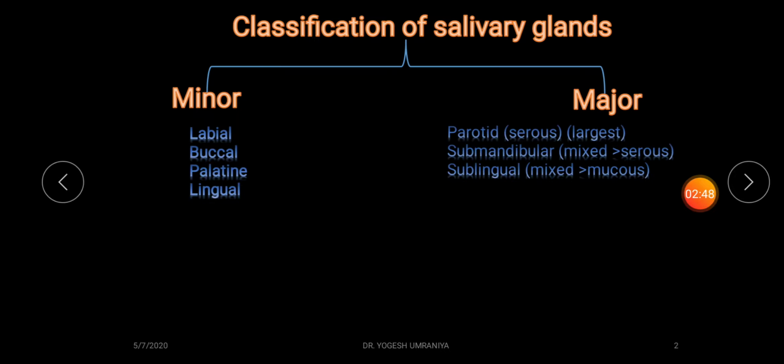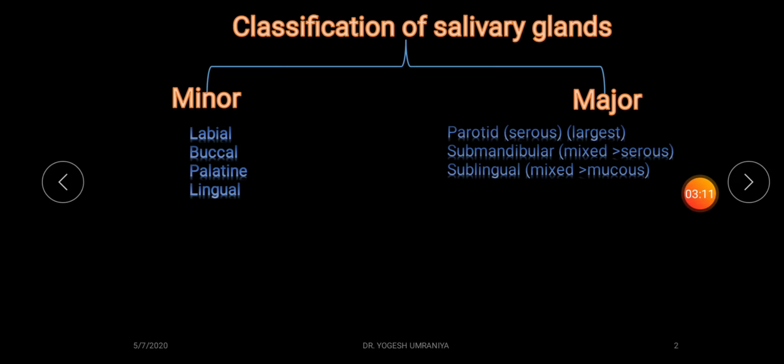While in the sublingual we are taking two letters, S and L. From the S there is the serous, and L is for less. So the serous component is less as compared to the mucus in the sublingual gland. So this is something regarding the classification of the salivary gland.